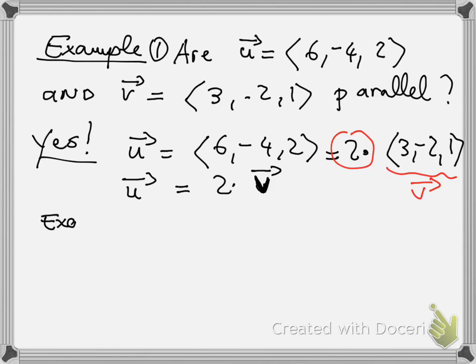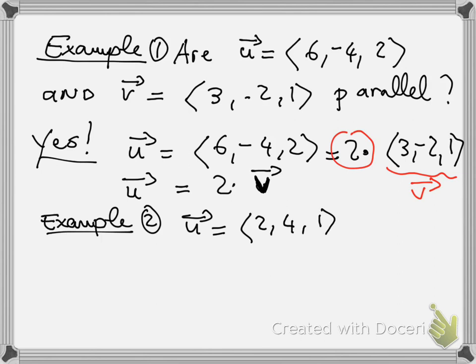Example 2, let's say u is 2, 4, and 1, and v is, let's say, 8, 16, and 4.